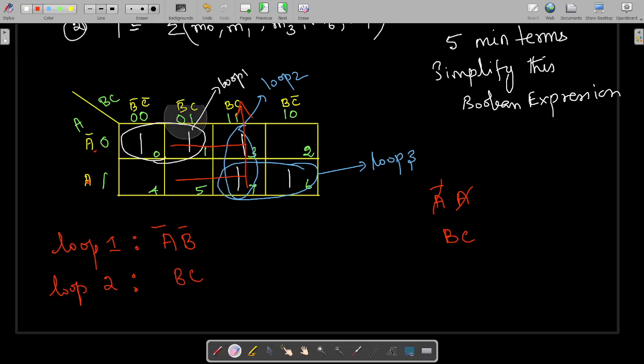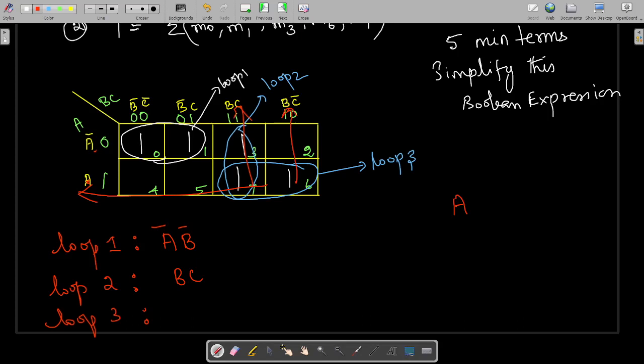Then we go for the third loop. For this third loop, horizontally A comes. Vertically, these two terms come, that means BC and BC bar. The C and C bar complements get cancelled.